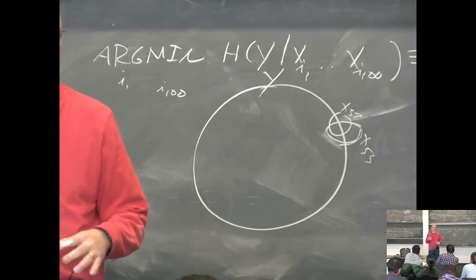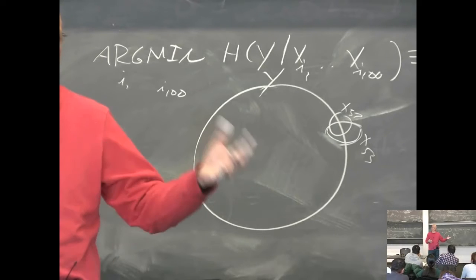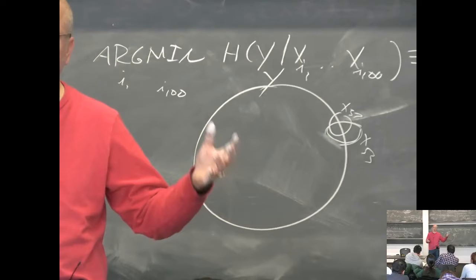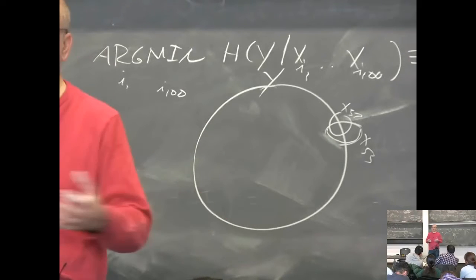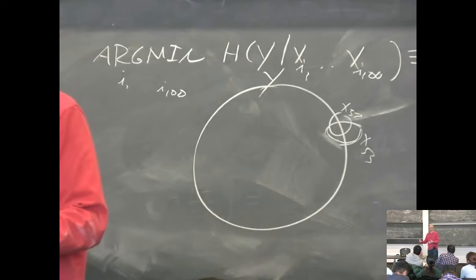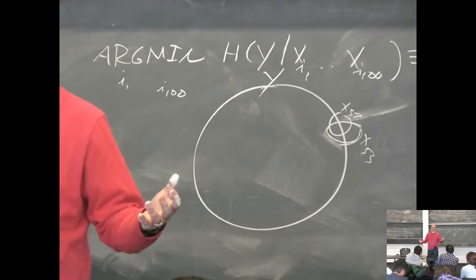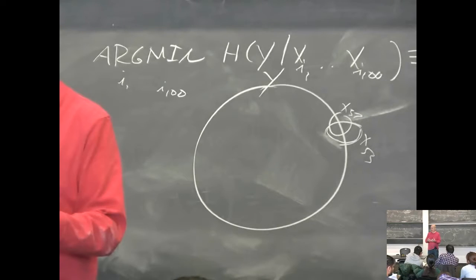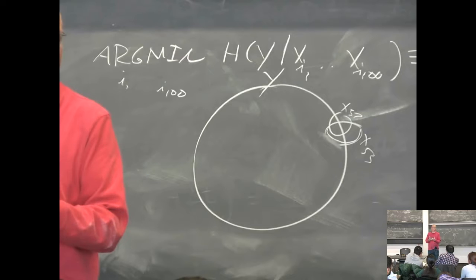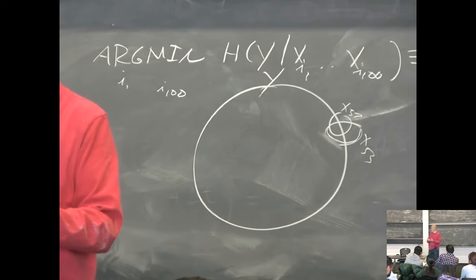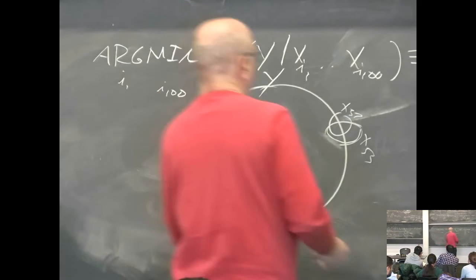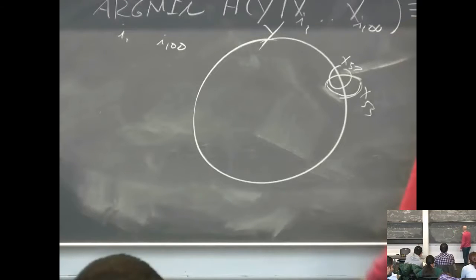The amount of information you get from one random variable on another, in this case x37 on y, plus the amount of information you get from a third random variable, x53 on y, does not necessarily equal the amount of information you get from the two of them together about y. All right, so I'll write it in terms of x and z.